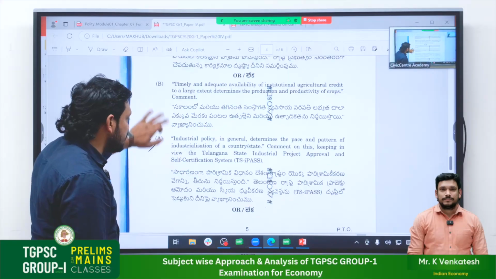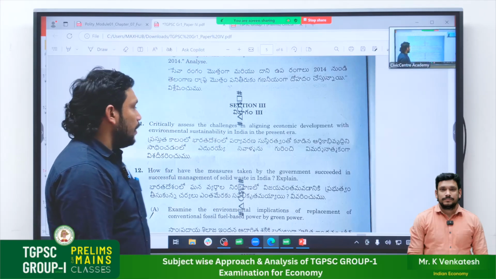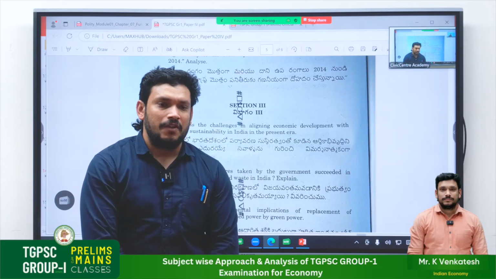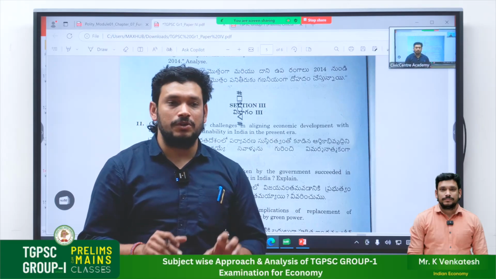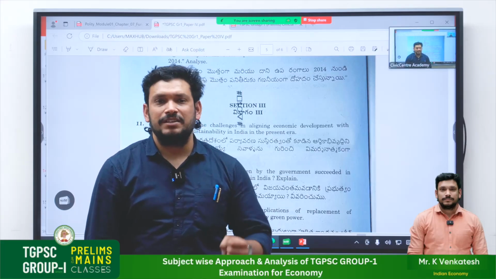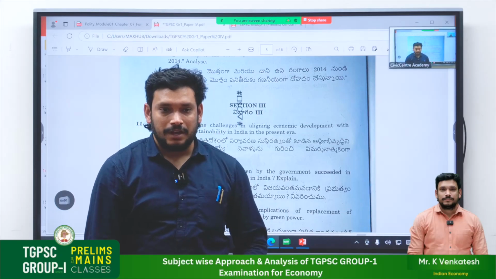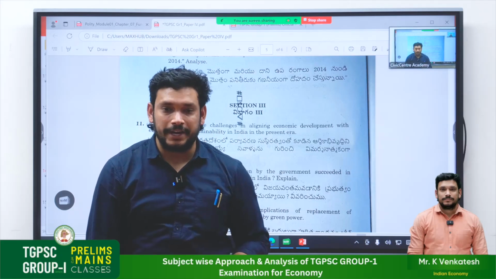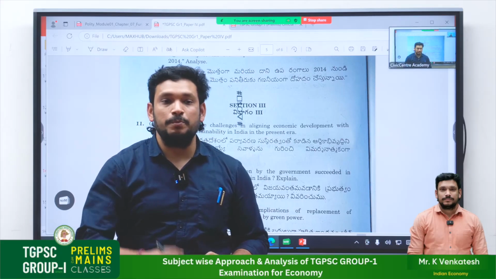Now, from the third section: environmental sustainability. The first question itself is on environmental sustainability. Sustainable development goals are those goals given by the United Nations for us to achieve: end poverty and hunger, increase educational development, ensure women get quality education, increase sustainable urbanization, improve sanitation.